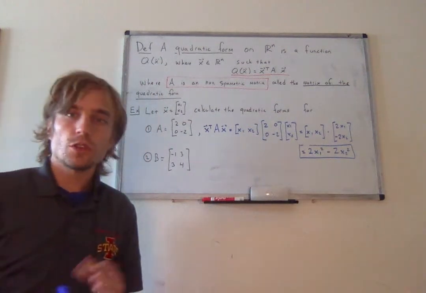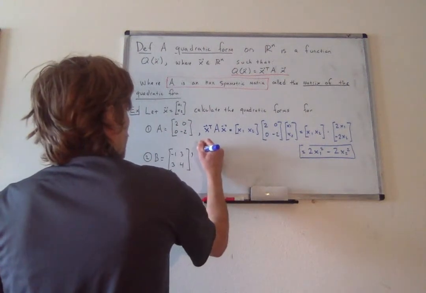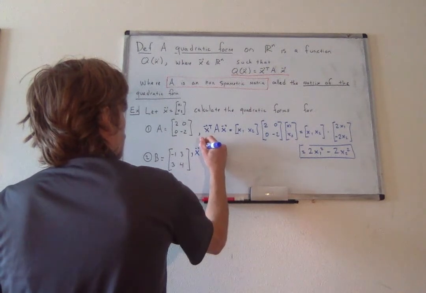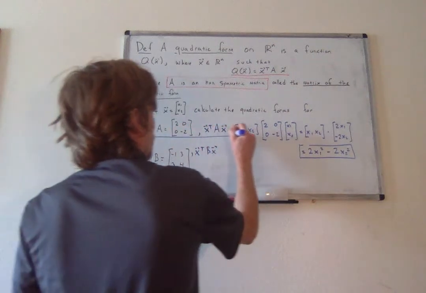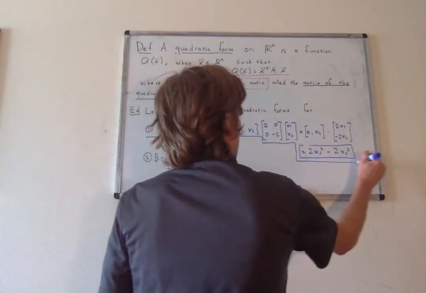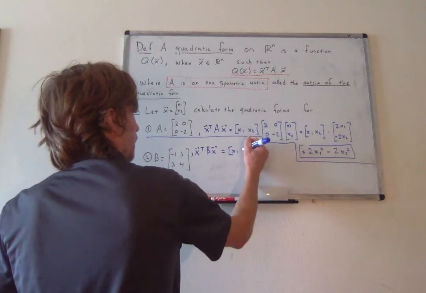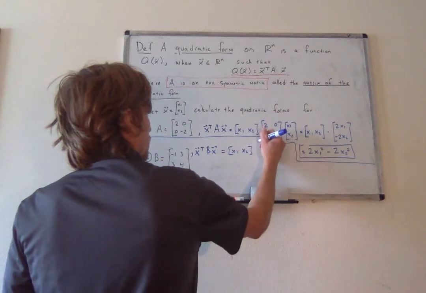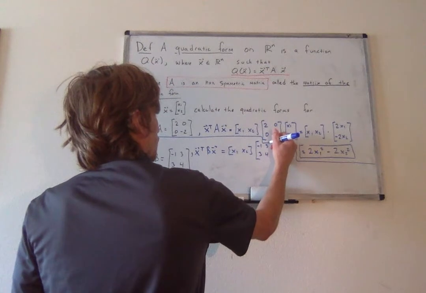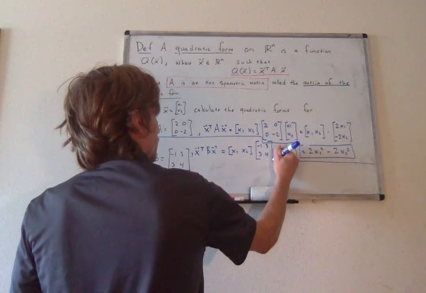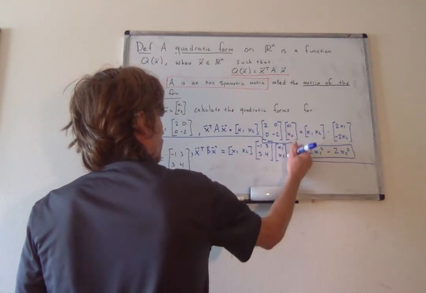All right, let's look at a matrix now that doesn't have 0 entries on the off diagonals. So this would be x transpose Bx, and again this is equal to x1, x2 times the matrix B times x1, x2.